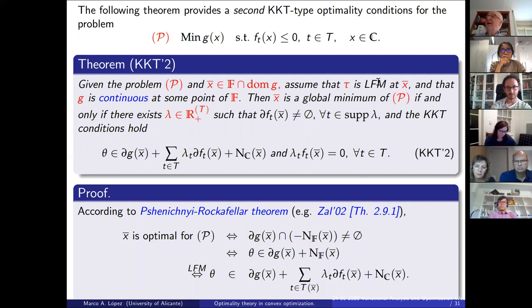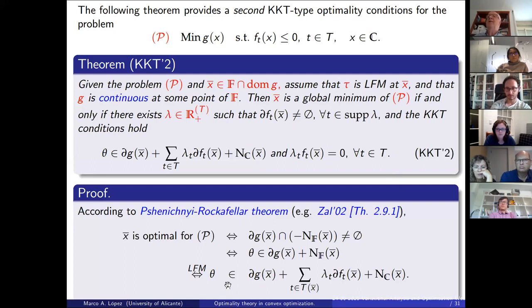And the proof is easier. The complete proof is here. According to the Pshenichnyi-Rockafellar theorem, X bar is optimal for P if this subdifferential of the objective function overlaps the opposite of the normal cone. We already mentioned this property here. And this means that if X bar is optimal, 0 should belong to the sum of the normal cones, thanks to the continuity.